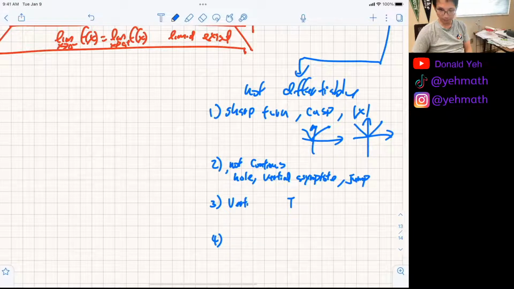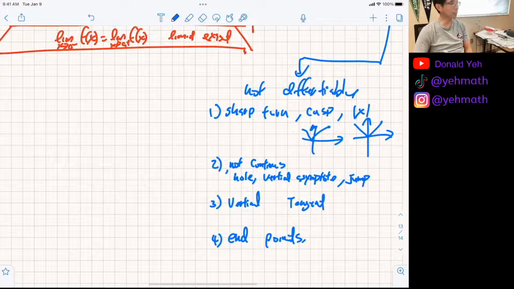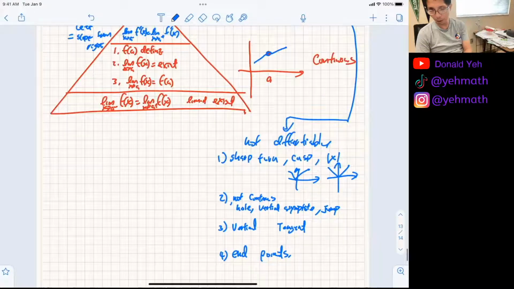You're right. Vertical tangent, because the slope there is a straight line, it's undefined, so vertical tangent. One last thing, very, very important. A lot of you guys don't remember, it's called endpoints. Endpoints are never differentiable, ever. That's something you have to address when dealing with a problem. So now we've talked about all the precursors.